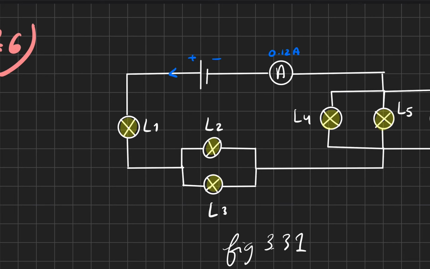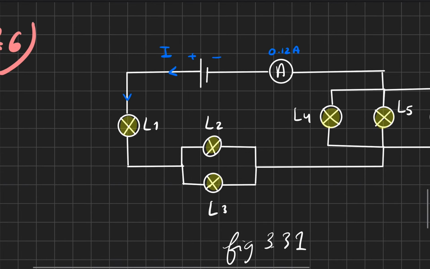Let us start writing. What is shown is that this is plus, this is minus. Know that the direction of the current is out of the positive pole of the battery by convention. So that's I. Let's first specify the direction. It's going to pass through this here and divide into 2.